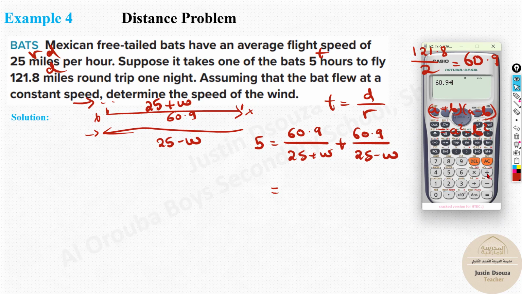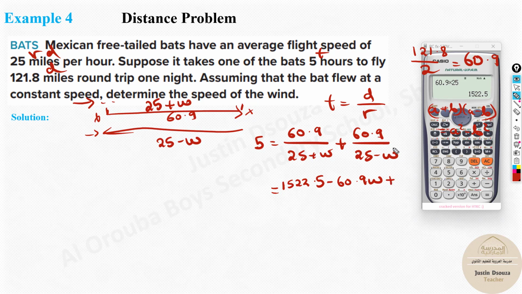Here we are, 60.9 multiplied by 25, it's 1522.5. Okay, now we just start to write it over here, the first term with this term, so it is 1522.5 minus 60.9 W. Why?